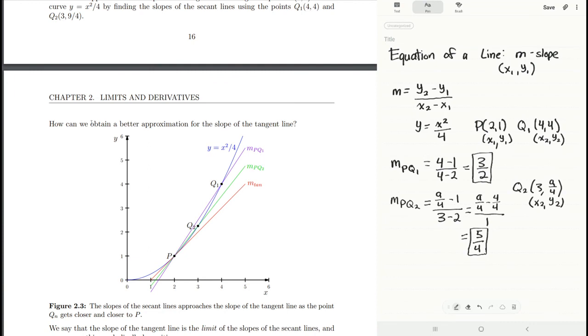So how can we obtain a better approximation for the slope of this tangent line?